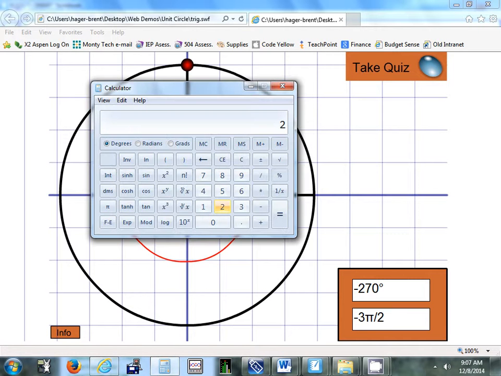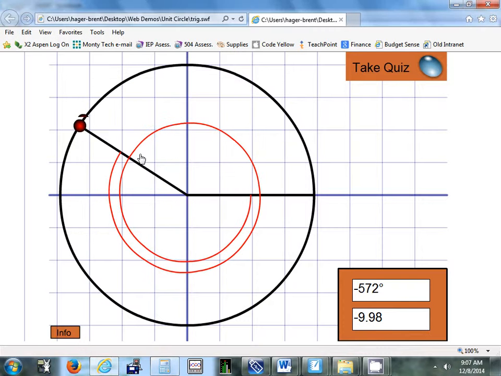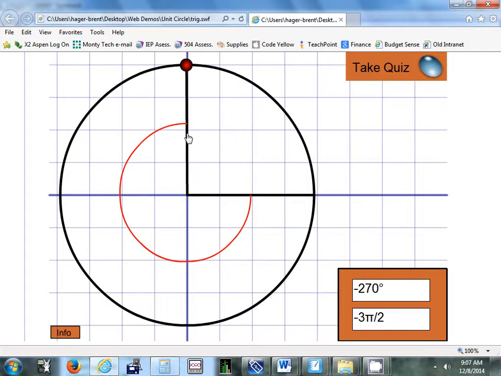And if you take negative 270 and subtract 360, that tells me where it would be if I went around one more time, negative 630. Right there. And then I could just keep going. So negative 630, negative 270, positive 90: those are all coterminal angles.